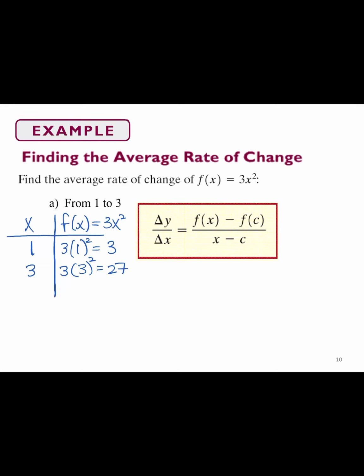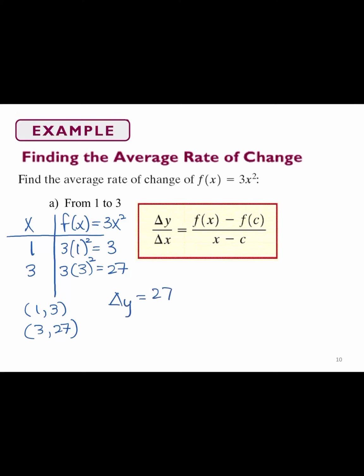And they create a point. They create points. Okay, so 1 created the point (1, 3). 3 created the point (3, 27). Average rate of change. Change in the y values.